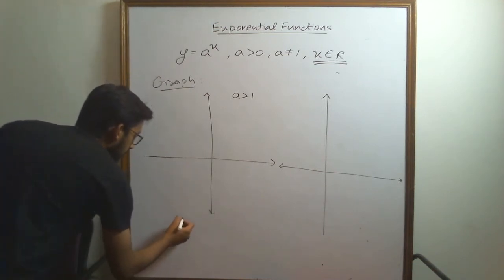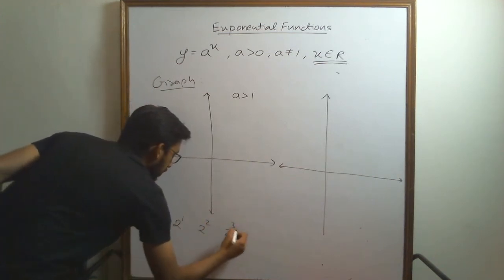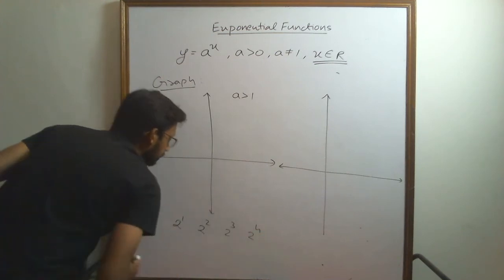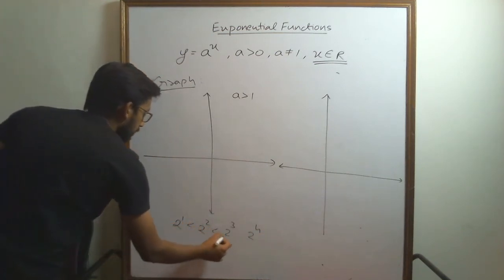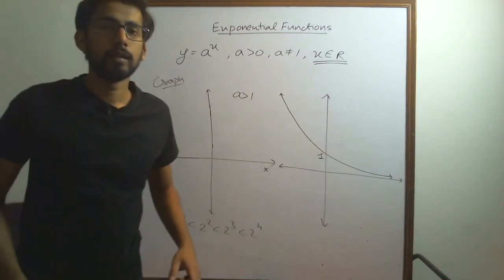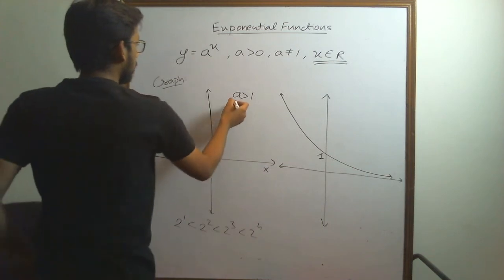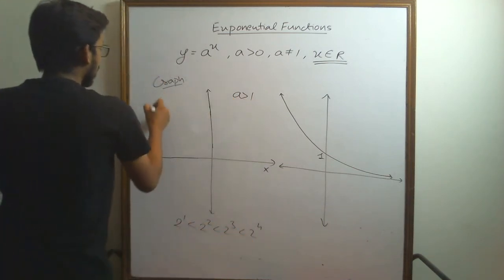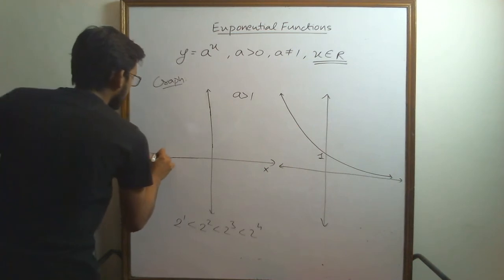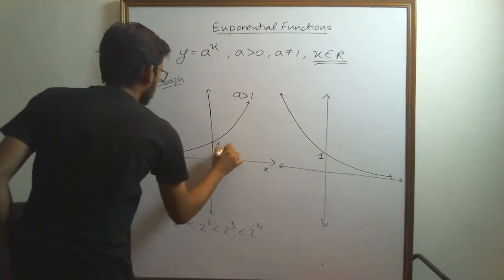Say if I am taking 2 to the power 1, then 2 to the power 2, then 2 to the power 3, then 2 to the power 4, the value of the function is increasing. Since the exponential function whenever the base is greater than 1 is an increasing function, the graph of an exponential function is like this with y-intercept 1.